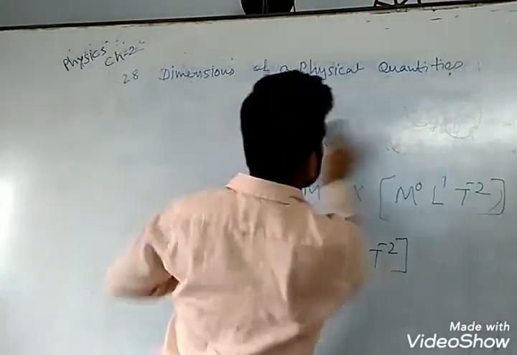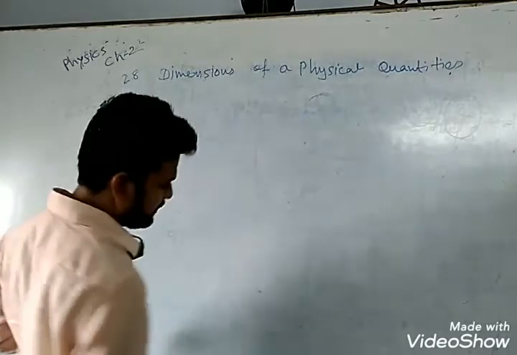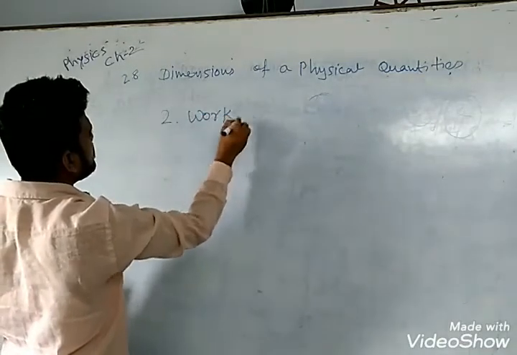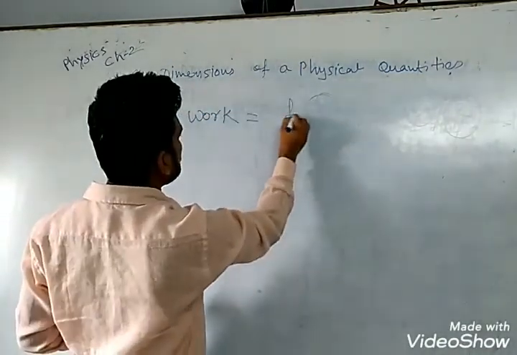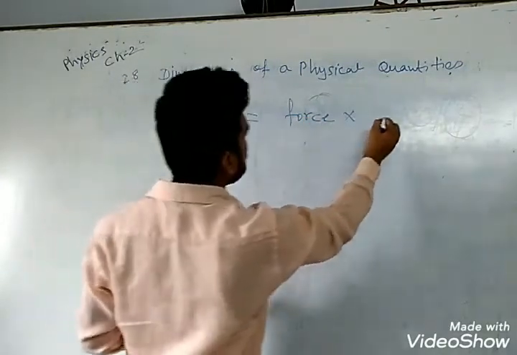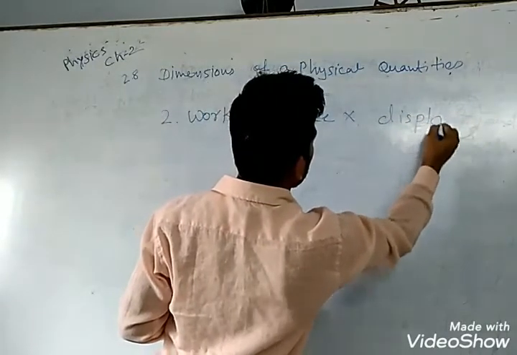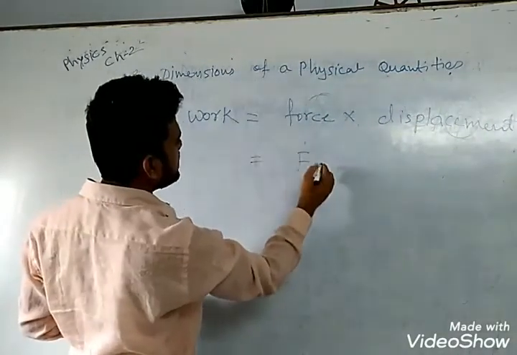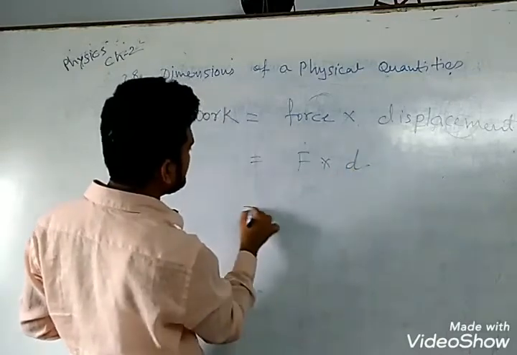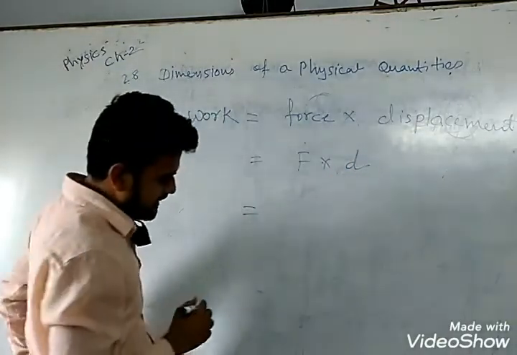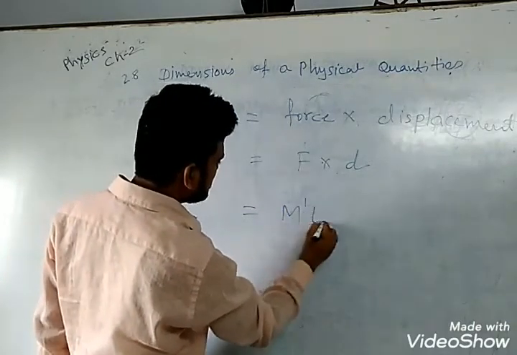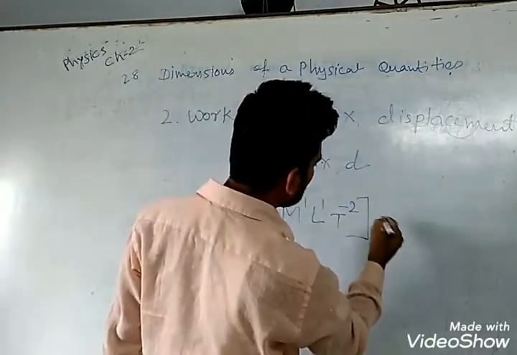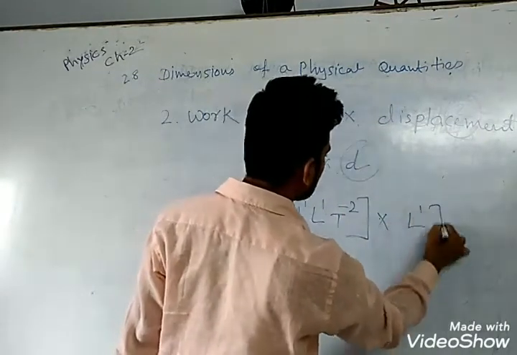Next is dimensional formula for work. Dimensional formula for work is equal to force into displacement, means force F into D. For force, dimensional formula is m1 L1 T minus 2 into L1 for displacement.